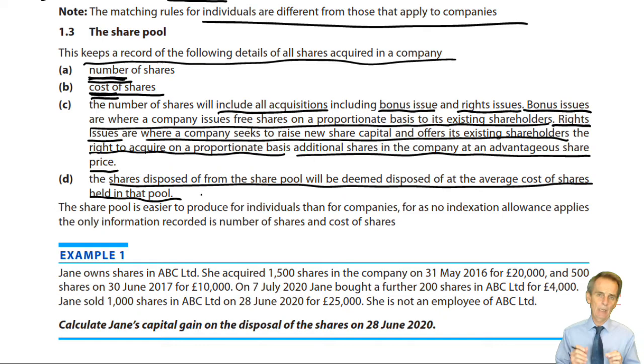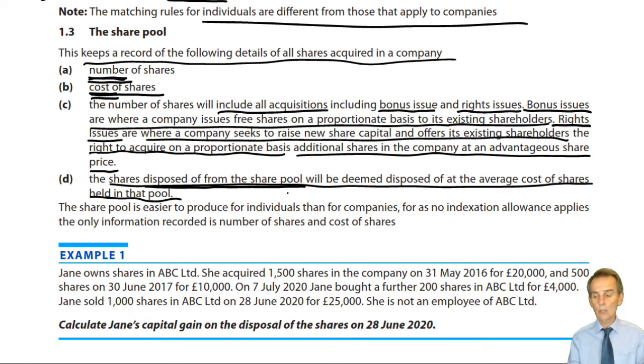So having listed out the acquisitions, outright purchase, bonus issue, rights issue, at the point of disposal, we add up the number of shares within the pool and we add up the total share cost, to then get an average share cost, so that when the shares disposed of are removed from the pool, we'll know how much of that total cost to take to this particular disposal.